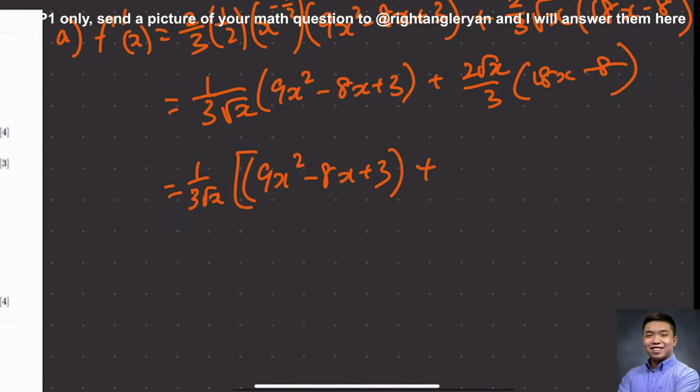And then plus, if I'm taking out that, that means I need to have 2 and then x, right? Yeah. It'll be like that. And then 18x plus 8. Right?